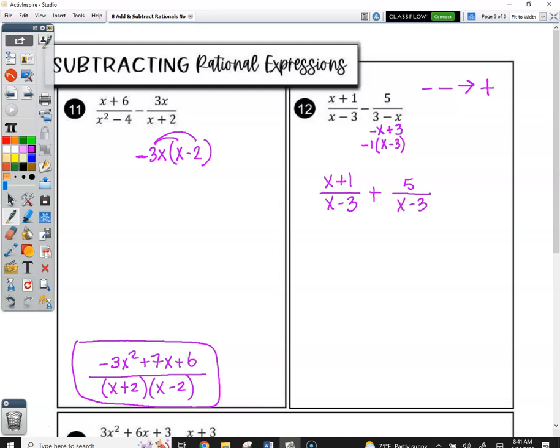No LCD required because it's already there. Does that make sense? This is a manipulation problem, and it will happen a few times. I think there might be one example on your review packet. So now I can write my one fraction. My denominator is this, and going across the top, it's as simple as x plus 6. And I wrote my fraction part way too big.